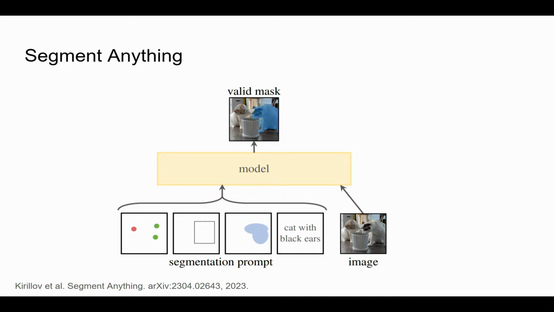This is a model which takes an image and then a prompt. The prompt could be, for example, points, like clicks on the object I want to segment, or a bounding box of that object, or some rough mask, or a text prompt, and it predicts the segmentation mask for that prompt.